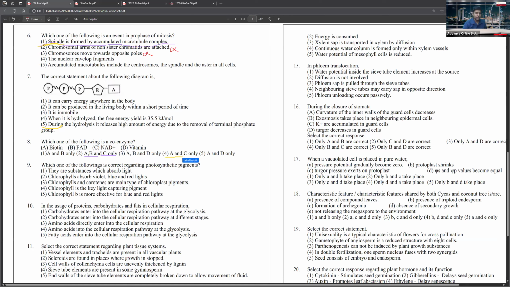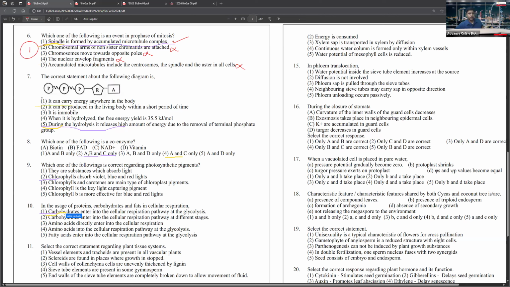The nuclear envelope fragments, wrong. Then accumulated microtubules include centrosomes, spindle, asters in all cells. Sixth one first. I think we can agree with that first.